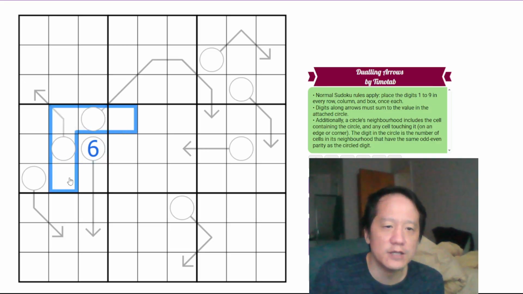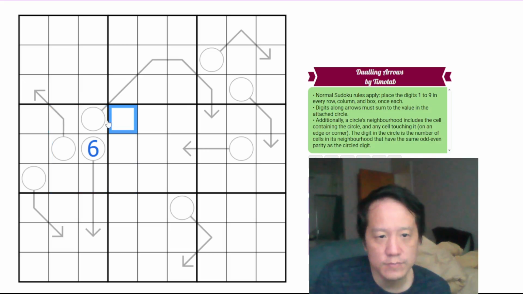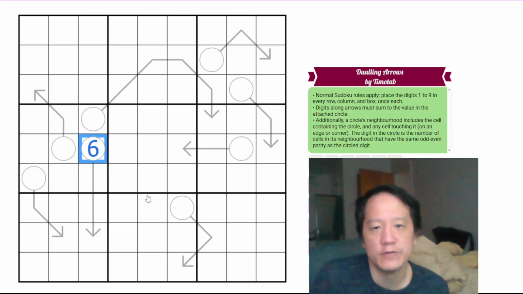That would mean in the neighboring 3 by 3, in the 9 cells that include itself, you would have to have 6 digits which are the same parity as the 6, which is even. So there would have to be 6 digits with the same odd evenness as the central cell. And that works for all the circles.